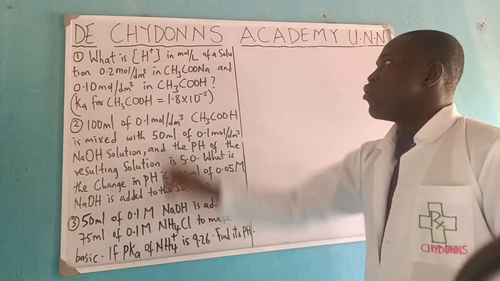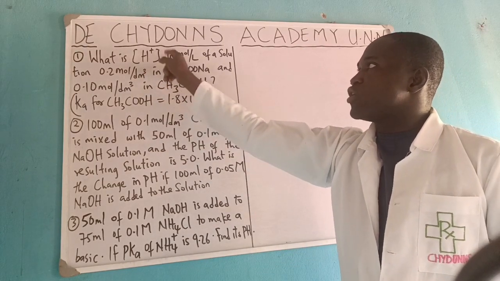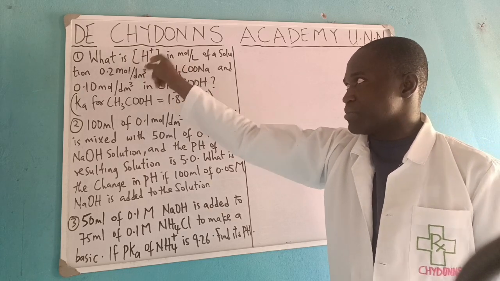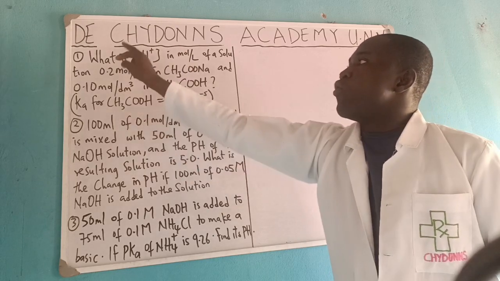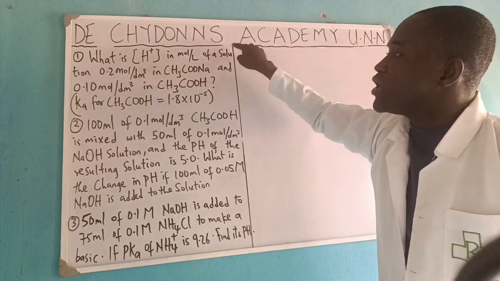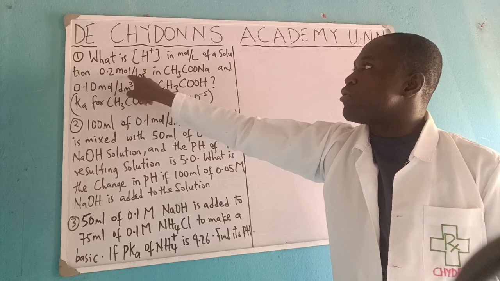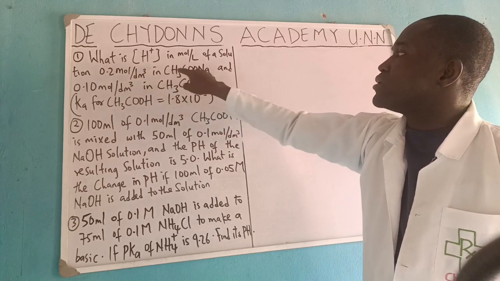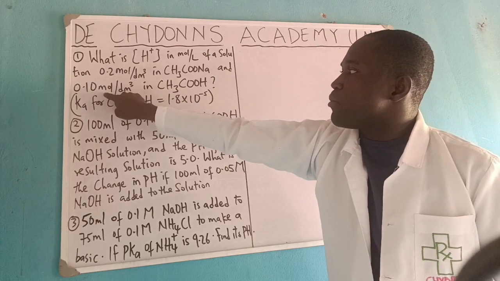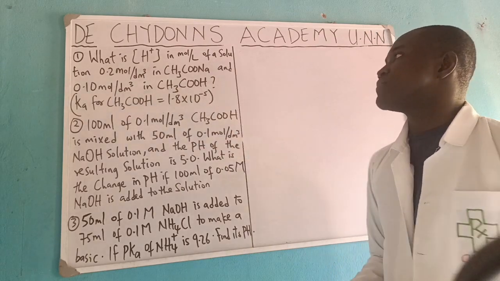Question 1. What is the hydrogen ion concentration? This bracket, close bracket means concentration. What is the hydrogen ion concentration in mole per liter of a solution containing 0.2 mole per dm cube in this and 0.1 mole in this?